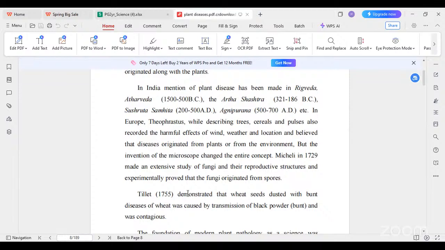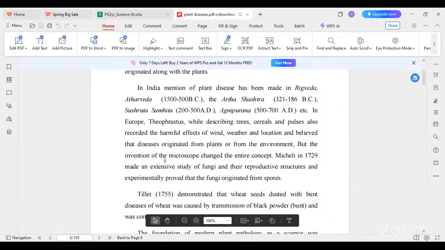In Europe, Theophrastus, while describing trees, cereals, and pulses, also recorded the harmful effects of wind, weather, and insolation, and believed that diseases originated from plants due to the environment. But the invention of the microscope changed the entire concept.